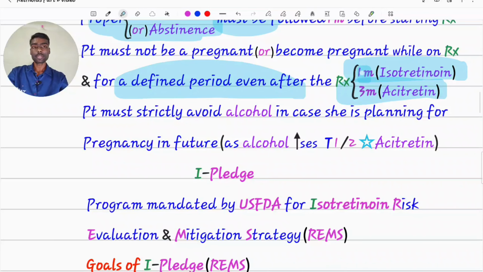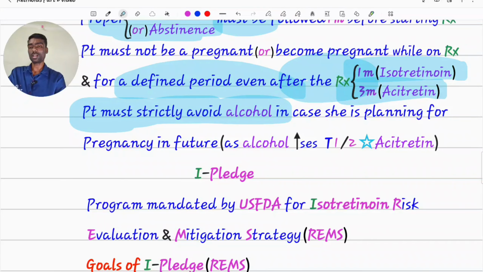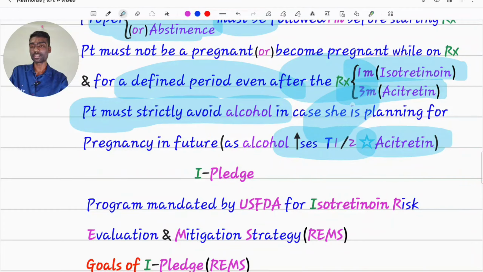After this time period only, they will get completely eliminated from the body and the body will be a safe place to bear children. Patient must strictly avoid alcohol if she wants to become pregnant, as alcohol increases the half-life, mainly of acitretin. Even if she waits 3 months after stopping acitretin, some of the drug may be left inside the body, which is dangerous to her baby in future.